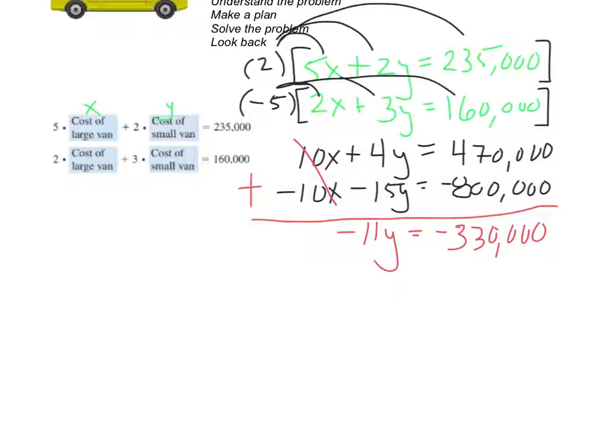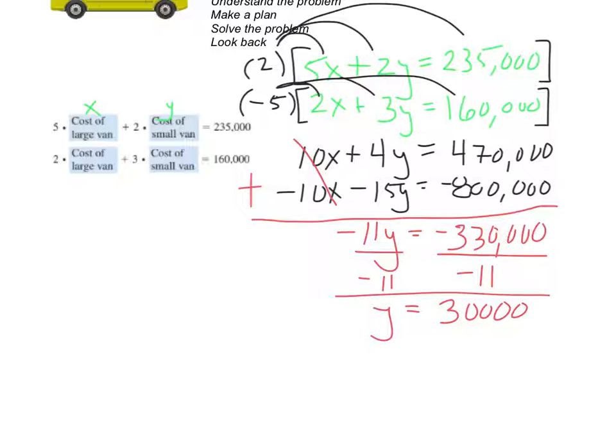So now I just solve the rest. Divide by negative 11. That negative 330,000 now becomes positive, and it becomes 30,000. So I now know that the y is 30,000.